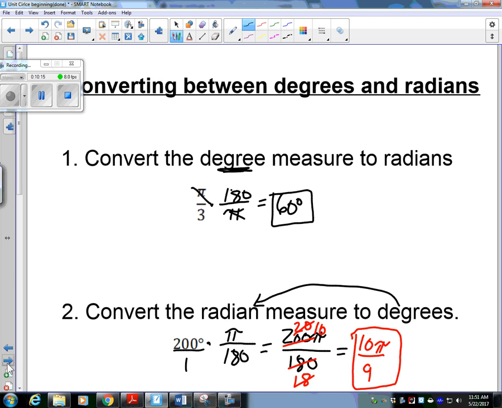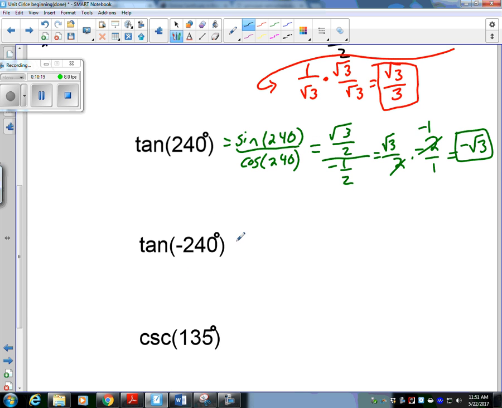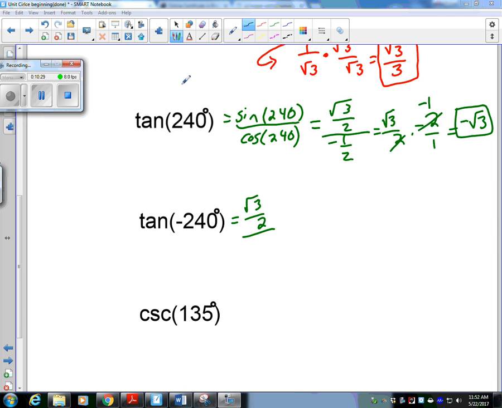So we have sine is the square root of 3 over 2 and then over negative 1/2. I actually just looked, I'm sure you guys are screaming at me, but if you look back at the previous problem, I missed a negative.